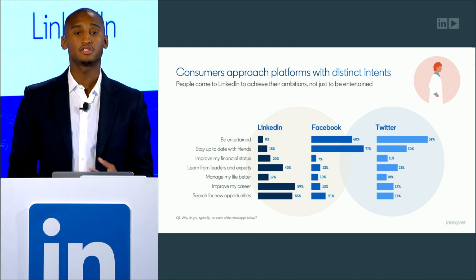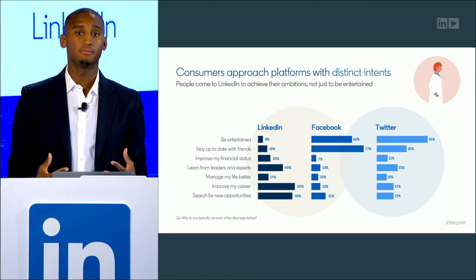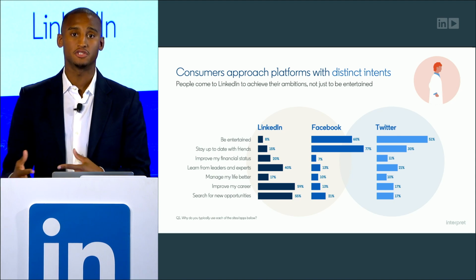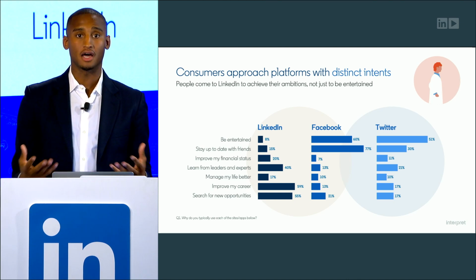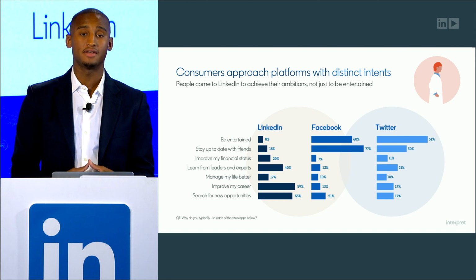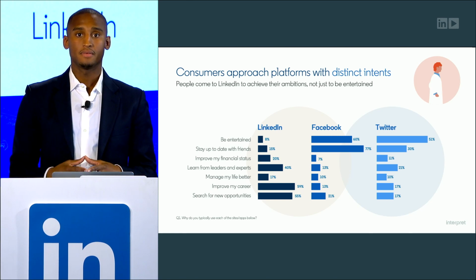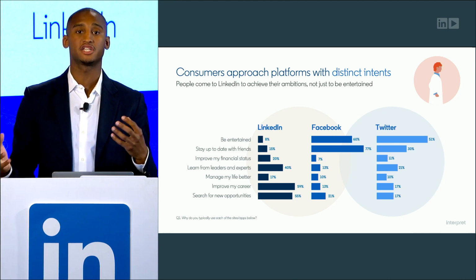People are coming on here to advance their career opportunities. They're looking to hear from influencers, people who are experts and leaders in their field. And for other platforms such as Facebook and Twitter, a lot of people are going there to be entertained and really just connect with friends and family. So, there's no knock to any other platform. There's just a different intention for each one.